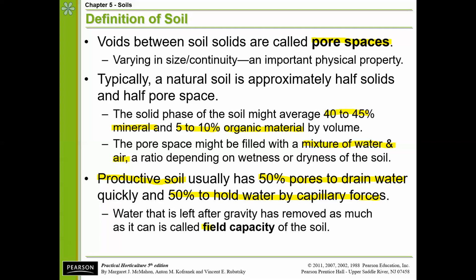We call this kind of field capacity. So think about either watering or after a big rain event, that water is going to move through that soil. It's going to percolate through it and it's just pulled out by gravity. And once you get to that point where gravity has pulled out all of the water that it can through gravitational forces, what we have left is field capacity.